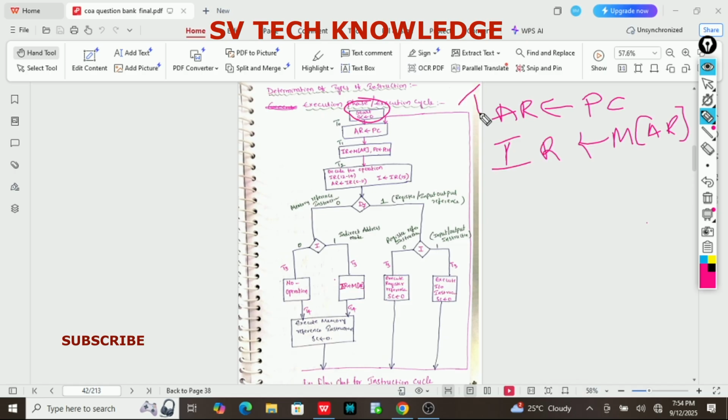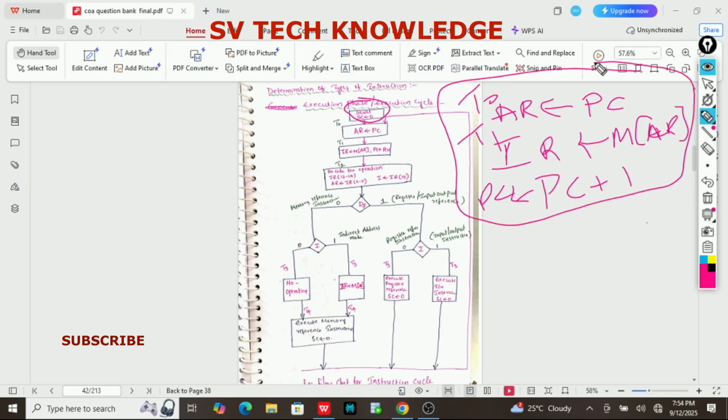This happens at T0 time, and at T1 time, when the memory content is transferred to IR, the program counter will be incremented by 1. This is totally called the fetching cycle.